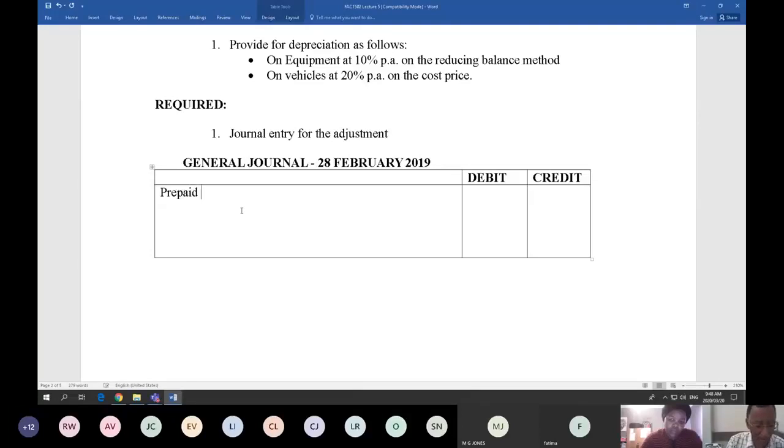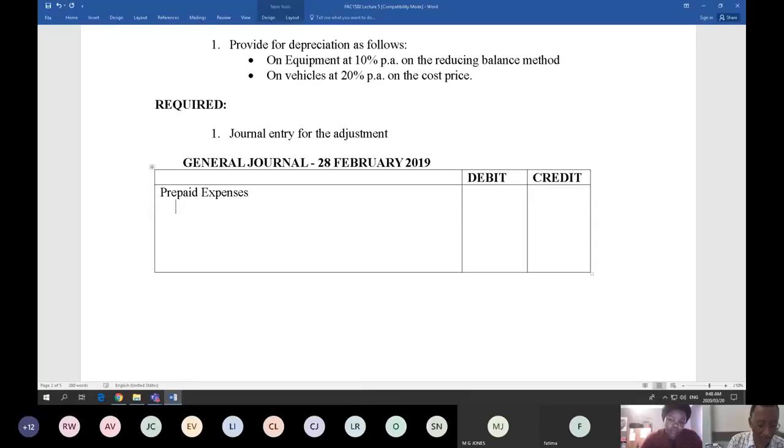I debit my account prepaid expenses, and I will credit my account insurance, and the amount is 200 Rand. Only 200 Rand of the payment is for the next financial year. So even though we have paid 2,400 Rand for insurance, 200 Rand of that is for the next financial year, classified as prepaid expenses, and that is how you will record that entry in the journal.